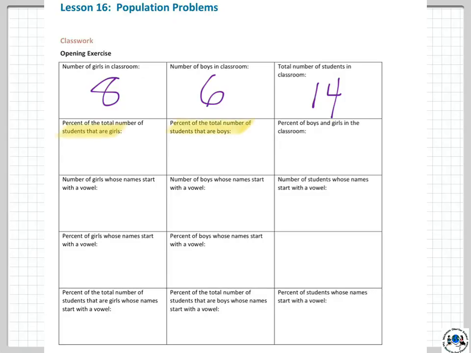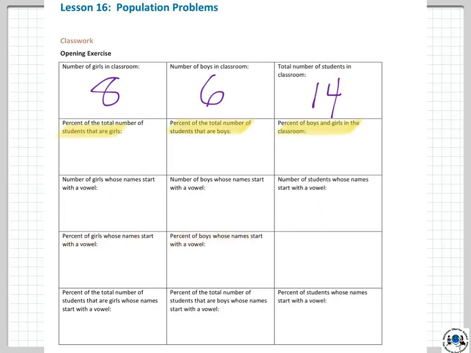Okay, so let's see what you got. We're just filling out these percents, comparing the total number of students that are girls and then boys. Hold on a second, let me go back. I'm going to pause again and go back.